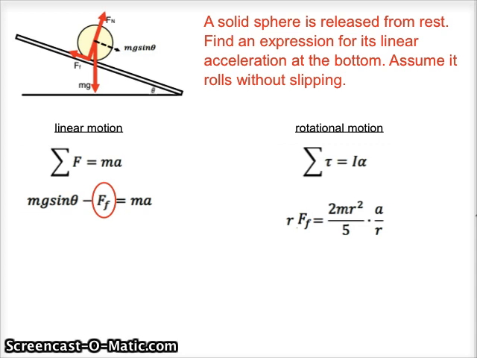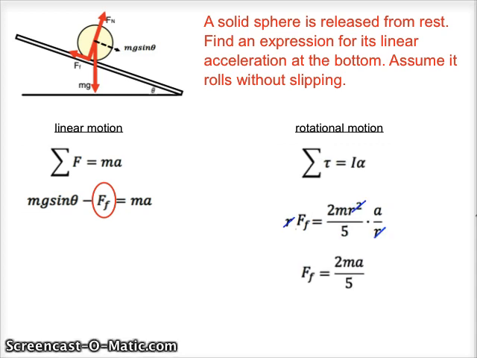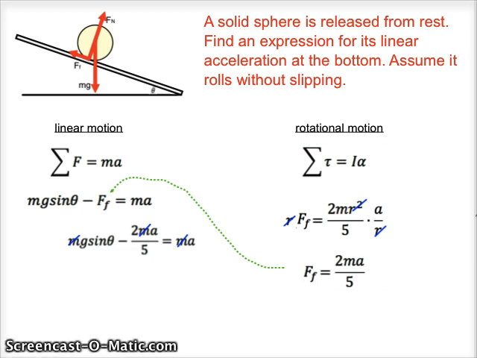Right, continuing on, we can notice that there are some things that cancel. There are R's on both sides of the equation and on the top and bottom of the fraction that can be removed. And so now we have an expression for the frictional force, which we will substitute over to the other side. Again, we can notice some things will cancel.